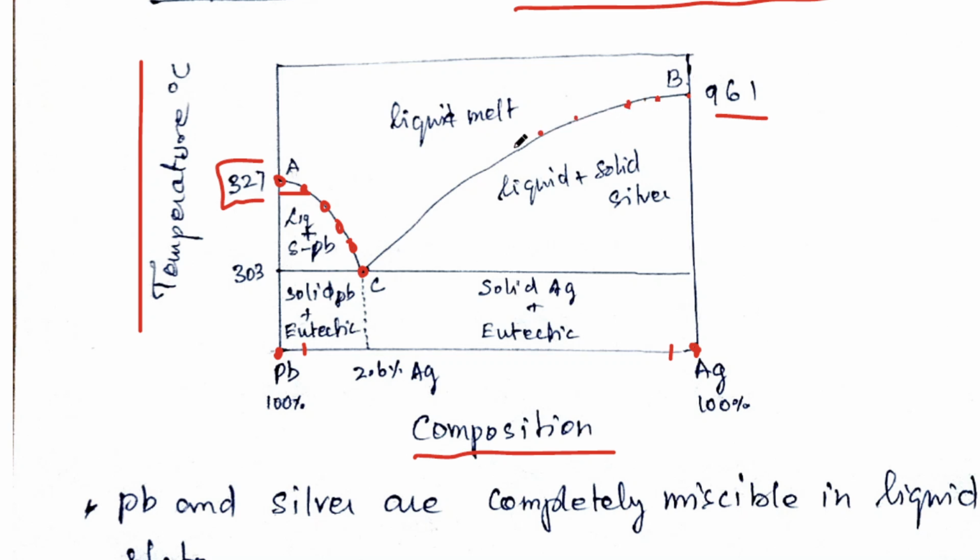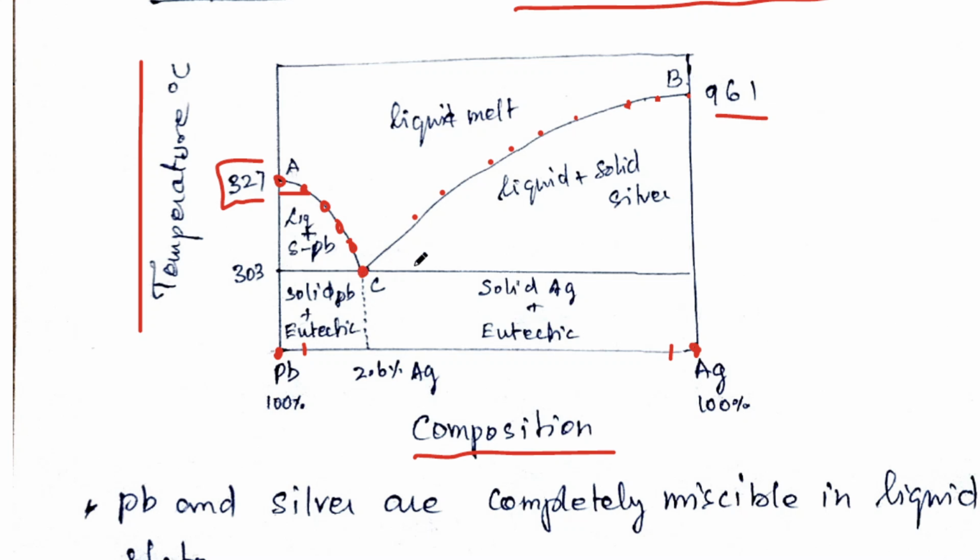It continues in a similar fashion until the point C, and therefore this curve is known as the freezing point curve of silver, and this curve is known as the freezing point curve of lead. You can see these two curves exactly meet at a point C.